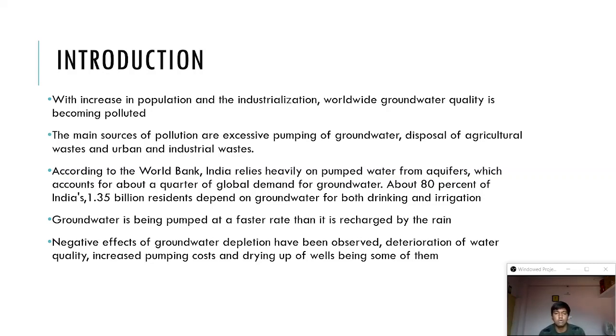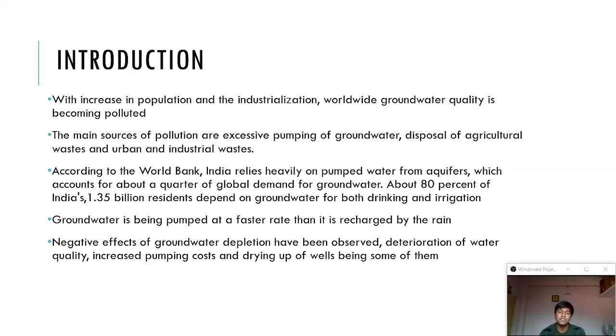The main sources of pollution are excessive pumping of groundwater, disposal of agricultural waste, and urban and industrial wastes. So we are exploiting groundwater too much, which leads to depletion of groundwater, and we also dispose agricultural waste such as weeds and also fertilizers and manures which have harmful chemicals that seep into the ground and reach the groundwater reservoirs.